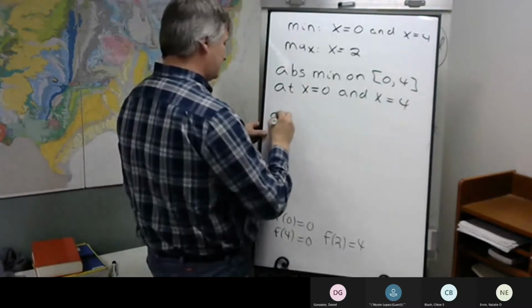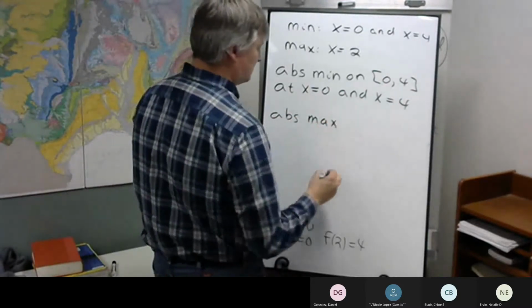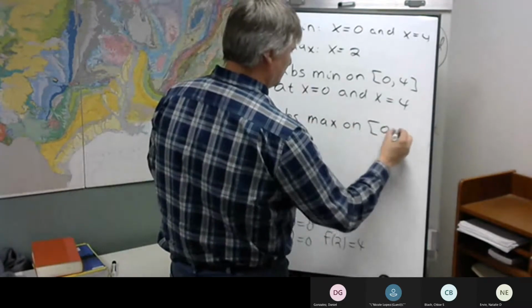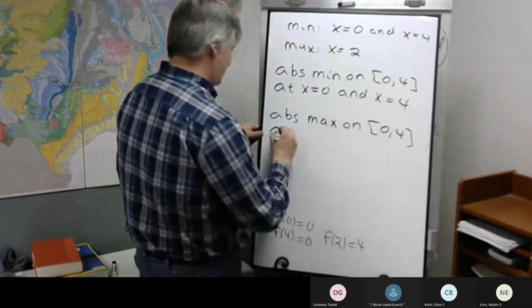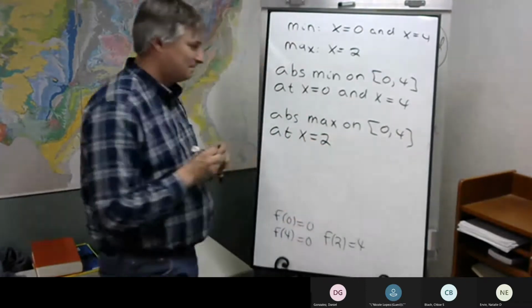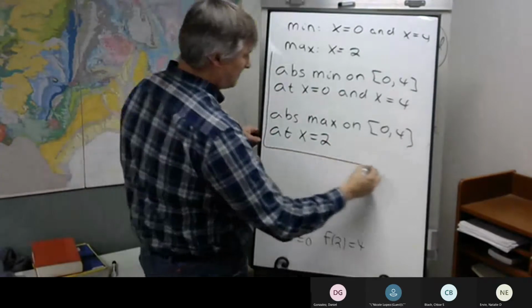And then we have an absolute max on [0, 4] at x equals 2. And so these would be our answers.